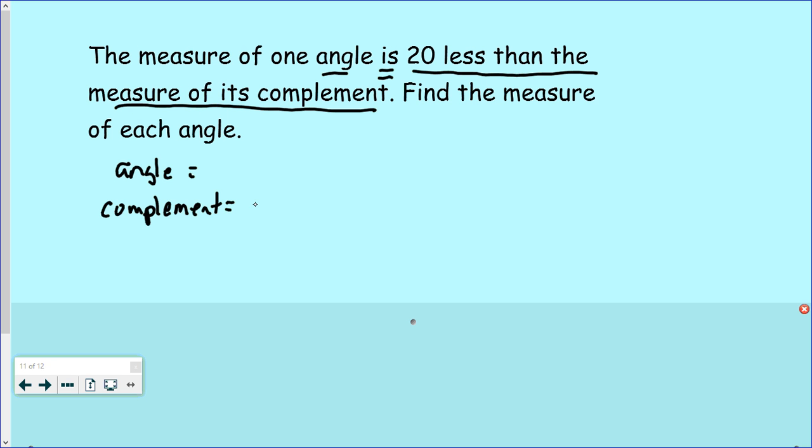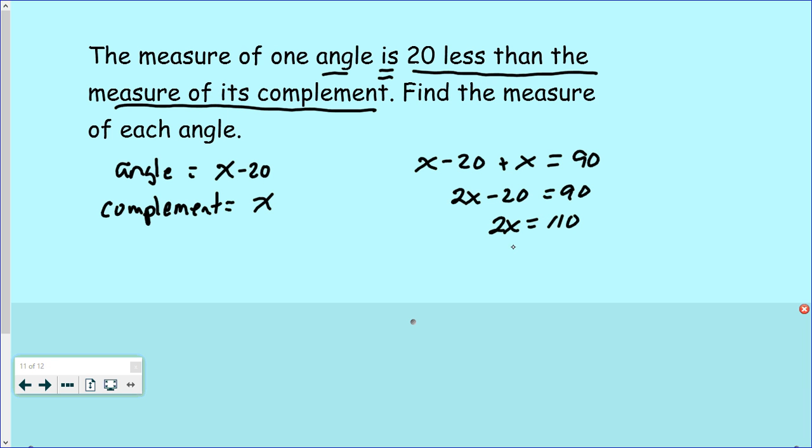Unfortunately, we don't know the complement, so we could call it x. That would force our angle to be x minus 20. These two expressions would represent our angle, x minus 20, and the complement angle, x. Now, since they are complements, our angle and its complement have to add to equal 90. The equation would simplify to 2x minus 20 equals 90. 2x equals 110.